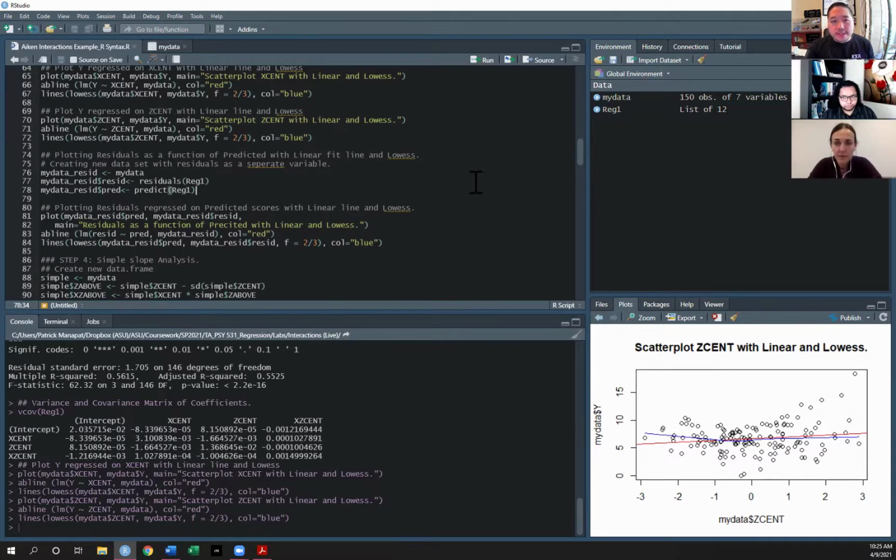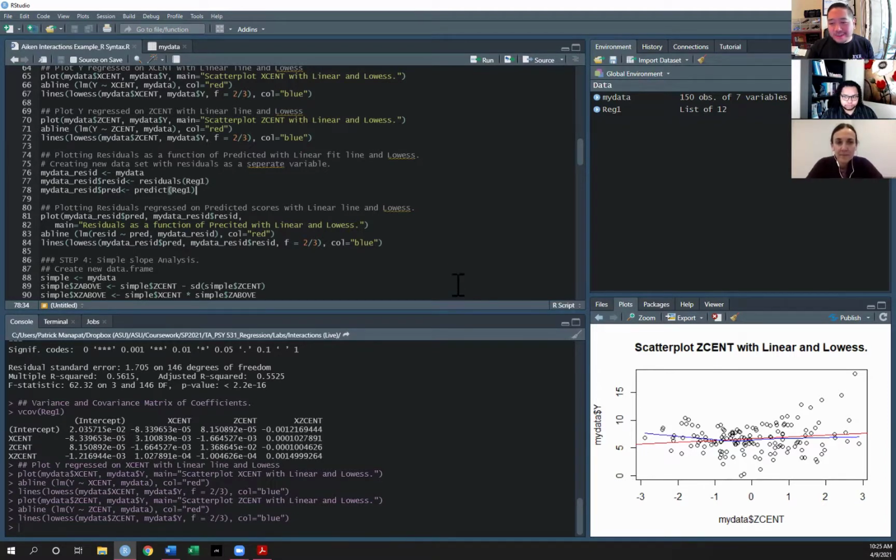Right, that's a good question. We are focusing on the relationship between x and y, but because the interaction term is x times z, it's good to look at the individual plots between x and y and z and y. This step isn't really necessary every single time you're plotting an interaction, but I think Leona included it here because she just really likes plots.